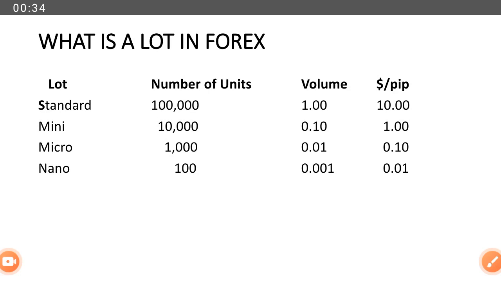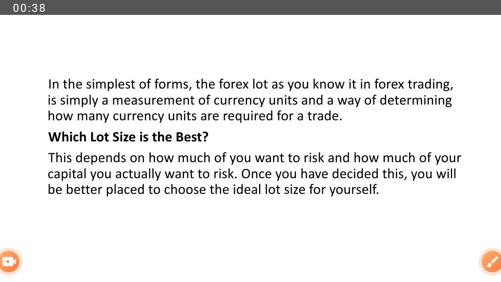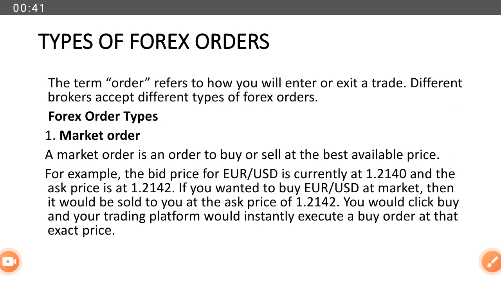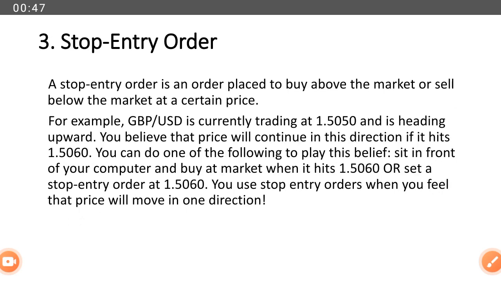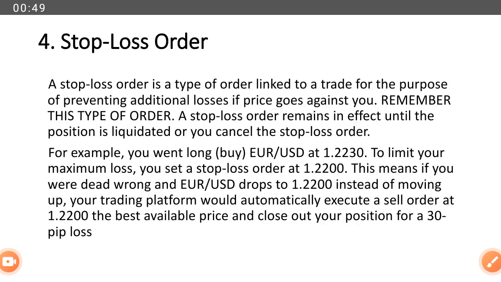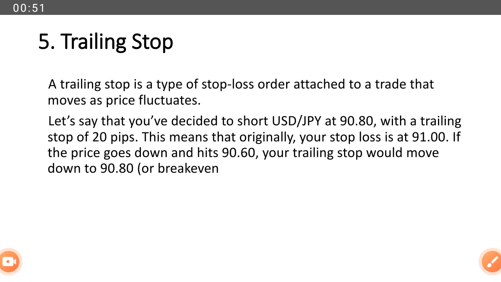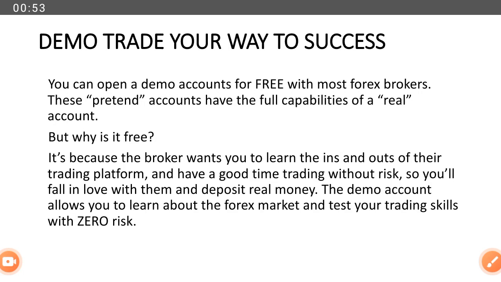We say we have standard, mini, micro, nano. I'm just doing a recap. Then we talked about types of orders. So we have the market orders, we have the limit entry orders, we have the stop entry order, we have the stop loss order, we have trailing stop.